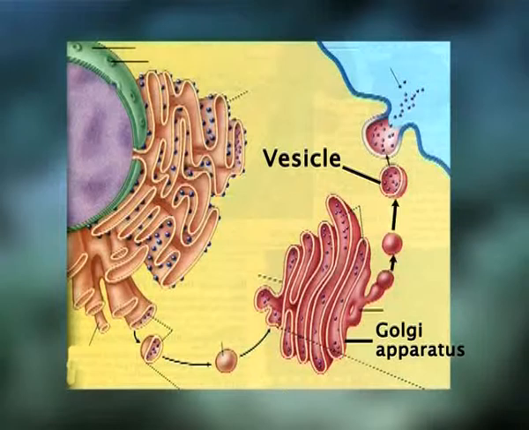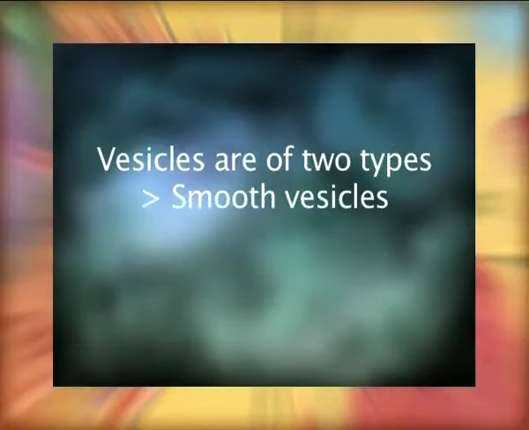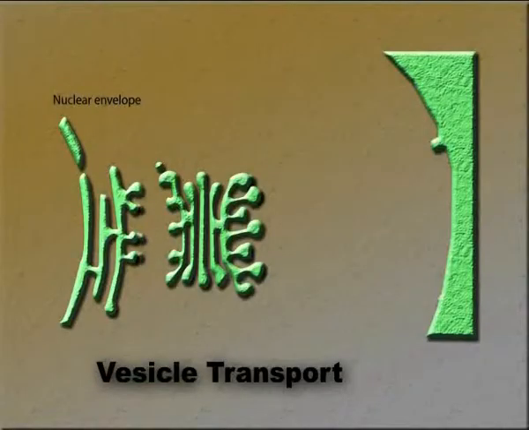These vesicles are of 2 types, smooth and coated vesicles. These vesicles bud off from the tubules within the network.